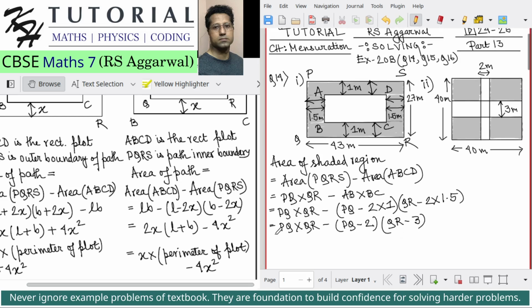This is equal to PQ multiplied by QR. If I do this product and open the brackets, I get PQ multiplied by QR, plus 3 PQ, plus 2 QR, minus 6.